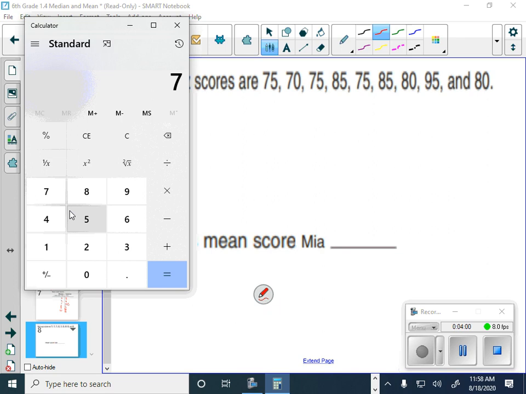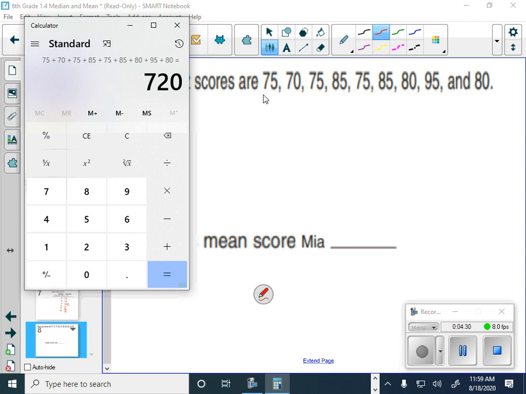We're going to take 75 plus 70 plus 75 plus 85 plus 75 plus 85 plus 80 plus 95 plus 80 equals. All these numbers added up equals 720.